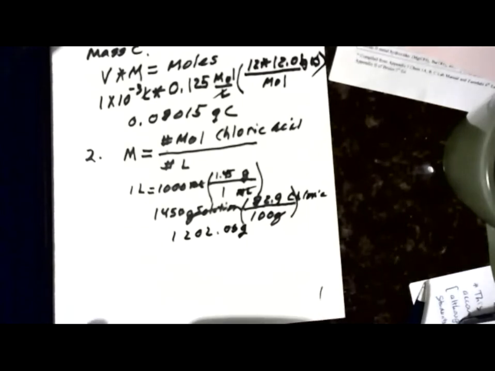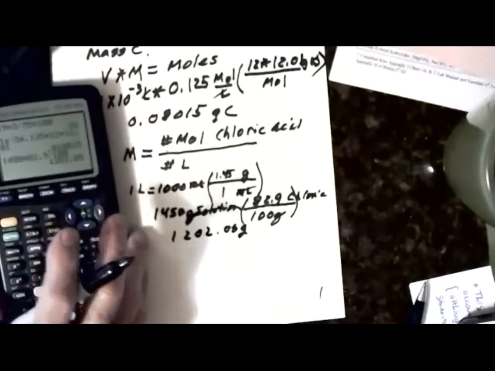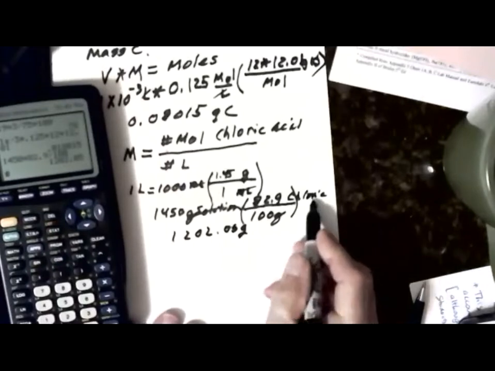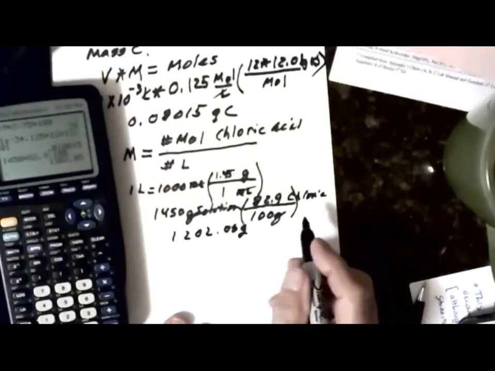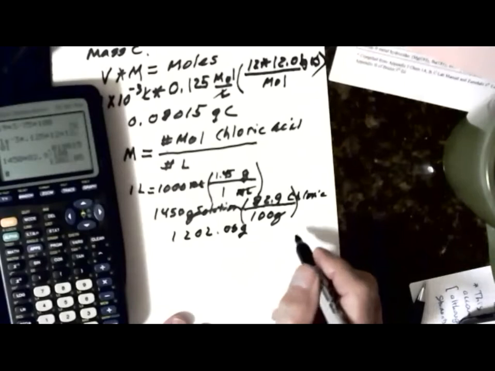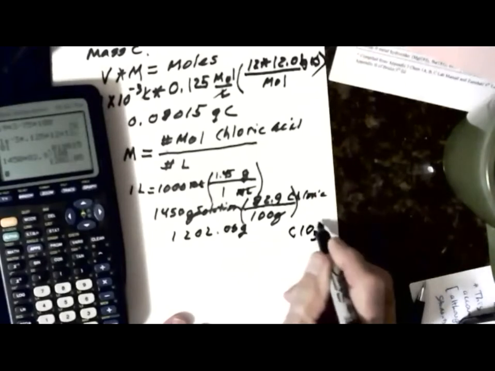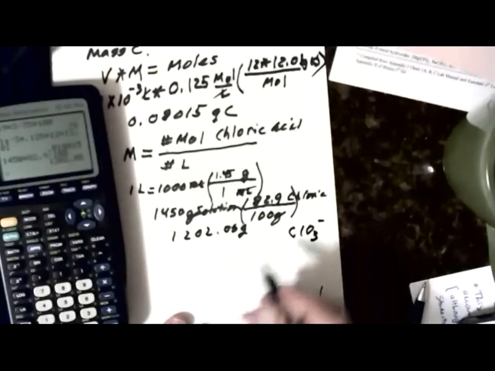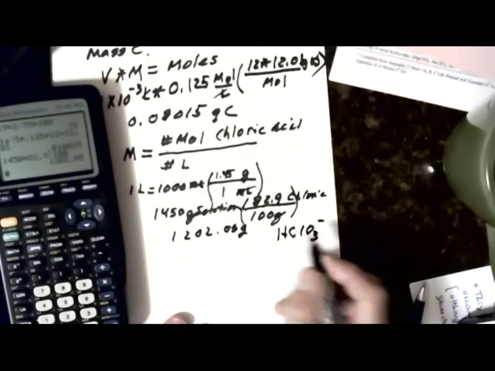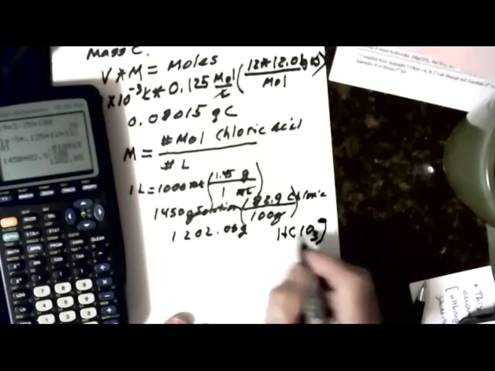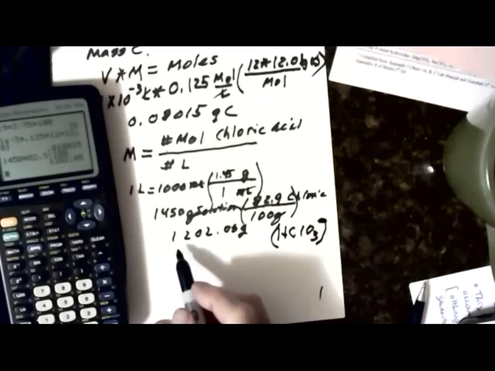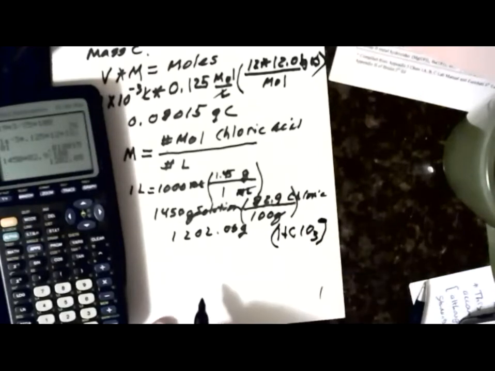Okay, now I've got to go ahead and bite the bullet. What's chloric acid? It's from chlorate ion. Chlorate is ClO3 minus. Chloric acid is HClO3. All right, so we've got that many grams of chloric acid.